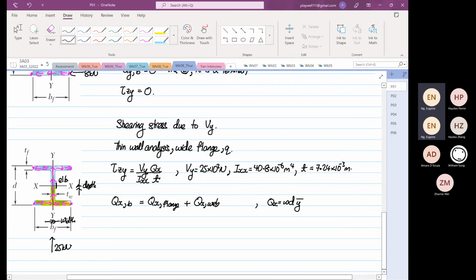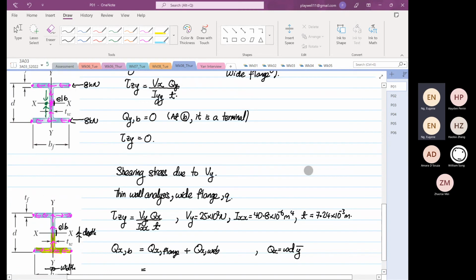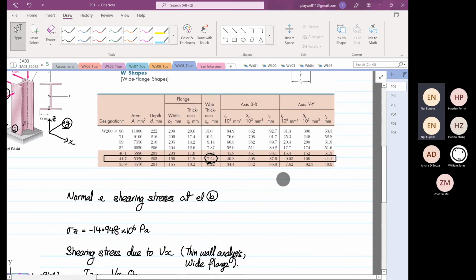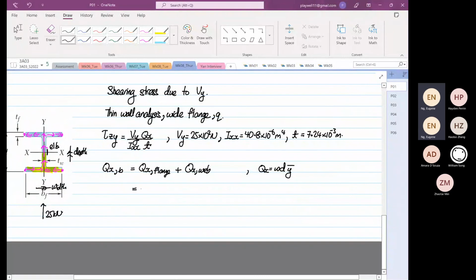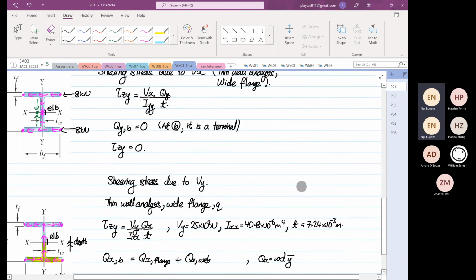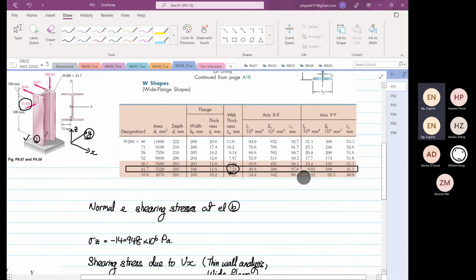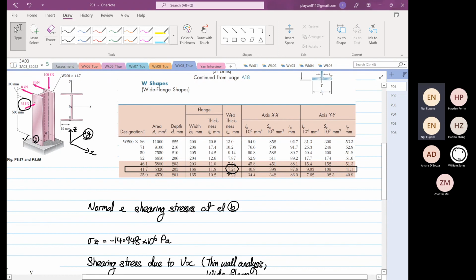So that's the general formula that we're going to use. For the flange, the width is our BF, which is 166. Our depth is the thickness of the flange, which is 11.8.